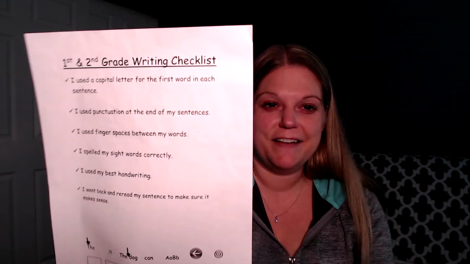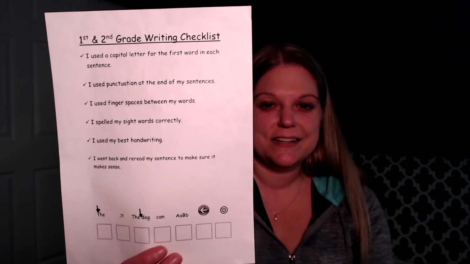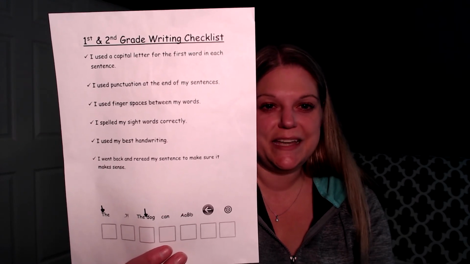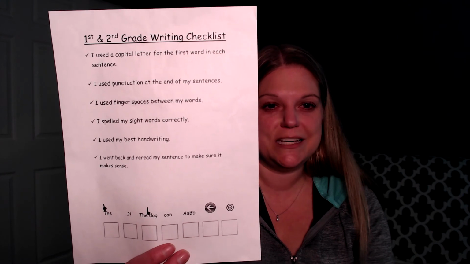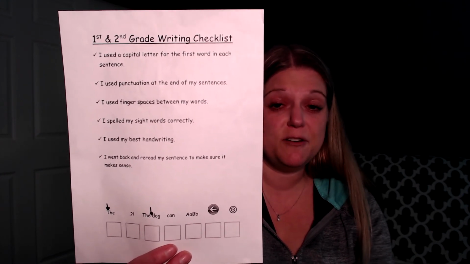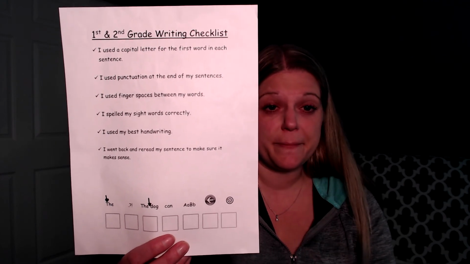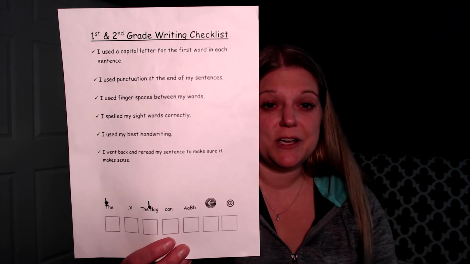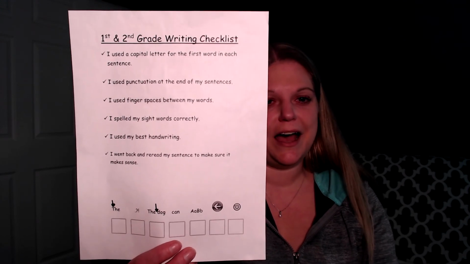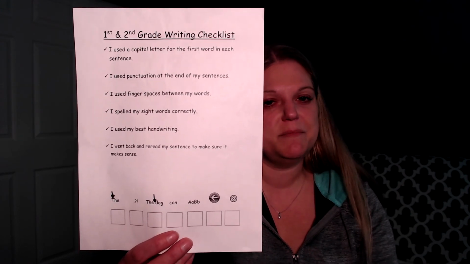So let's check our writing. So you have your 7 boxes. The first one is, I used a capital letter for the first word in each sentence. Did you use a capital letter? Especially for Brandon's name. I used punctuation at the end of my sentences. I used finger spaces between my words.